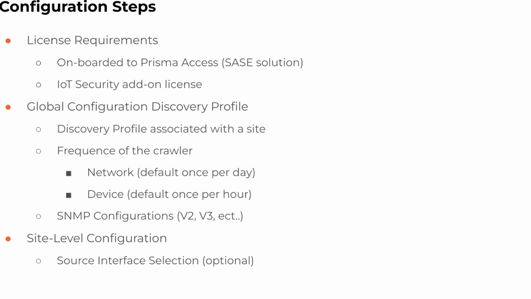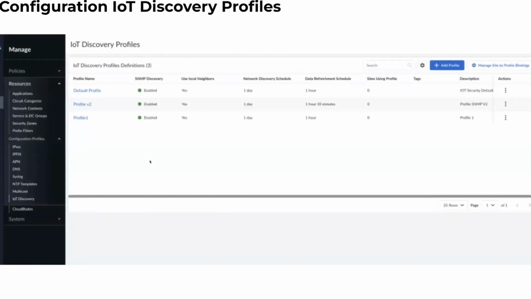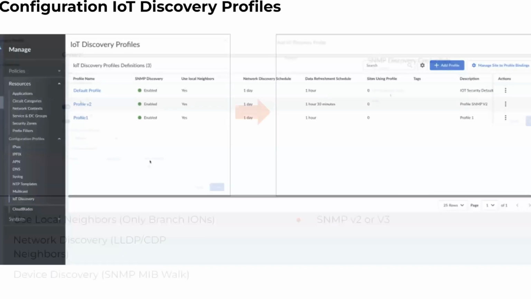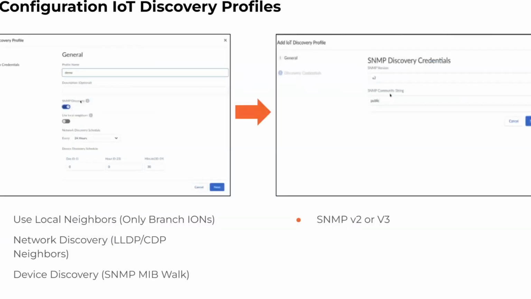Now, we'll walk through the configuration a little bit here. It's pretty simple to configure, really. So you have an IoT discovery profile, and in this profile, you define a few parameters, not many. One, you give it a name. You say, I want to do SNMP discovery and/or neighbor discovery, so I can do discovery based upon, say, LLDP neighborship, things like that.